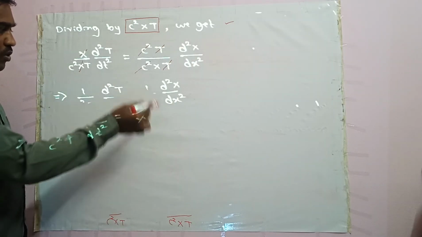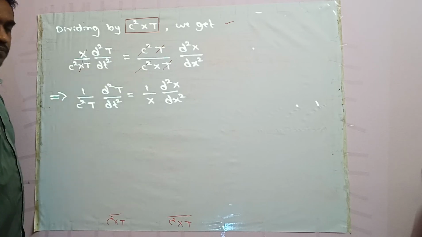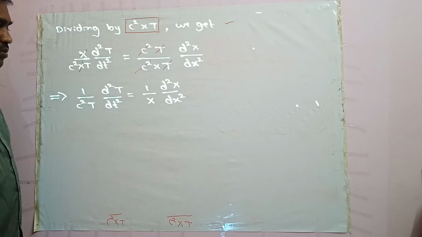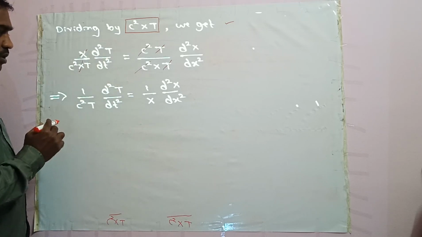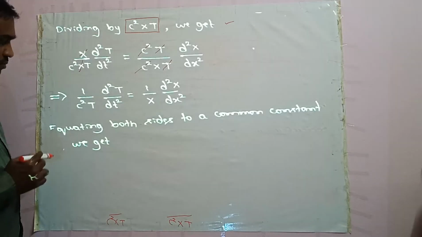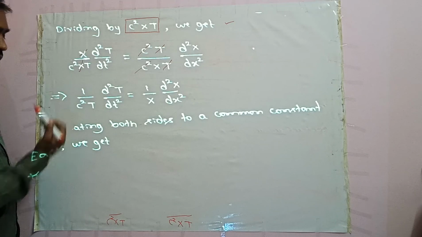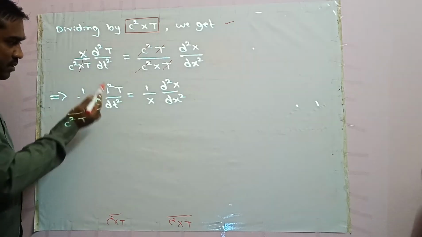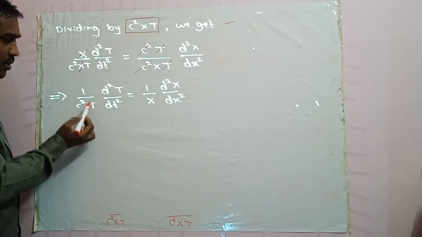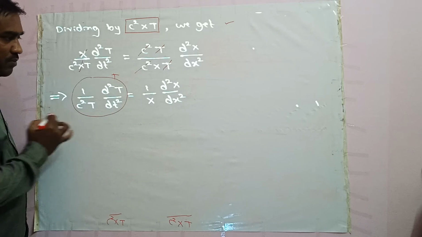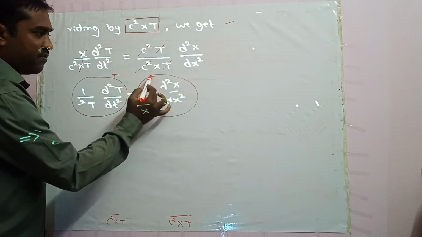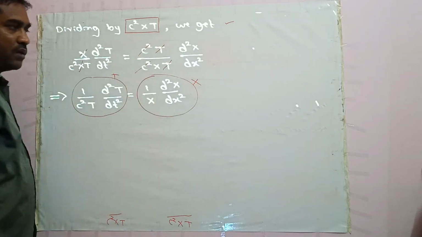Now we are going to solve this equation using separation of variables. Let us separate the variables if it is possible. Here it is already separated. See, here the whole thing is in terms of t, and here the whole thing is in terms of x.